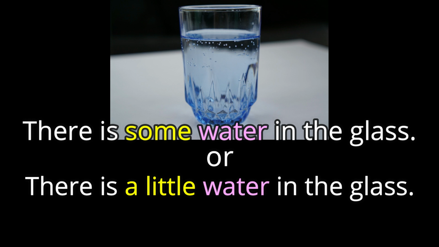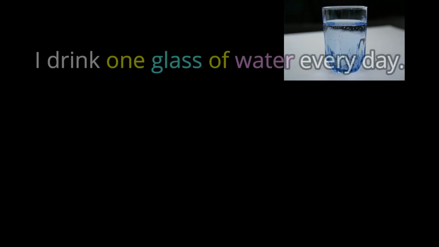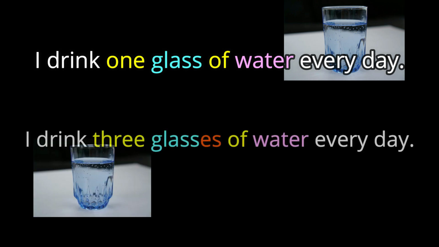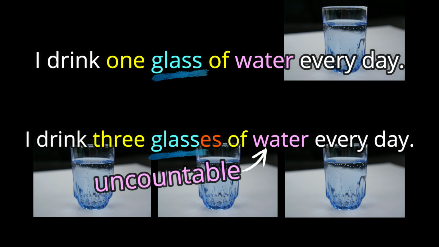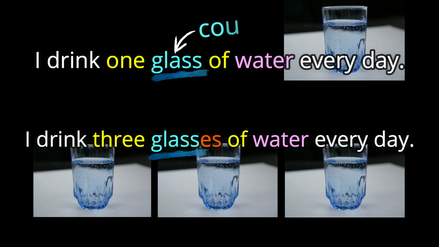And like before, if I want to mention an amount of something uncountable like water, I can say I drink 1 glass of water every day, or I drink 3 glasses of water every day. Now, I'm not counting water, I'm counting glasses of water. And the word glass is countable, so I can count it.